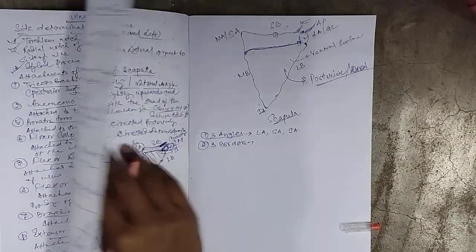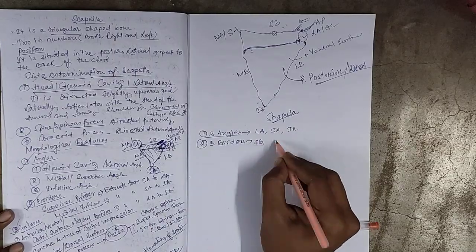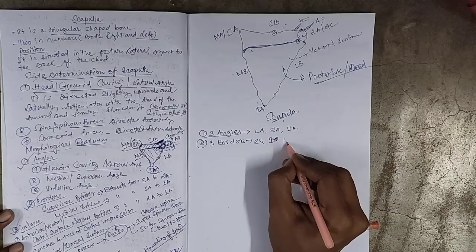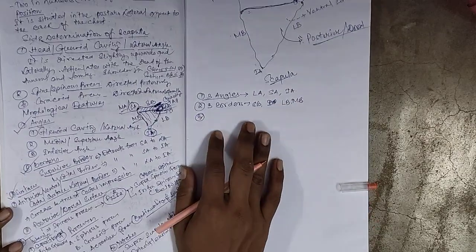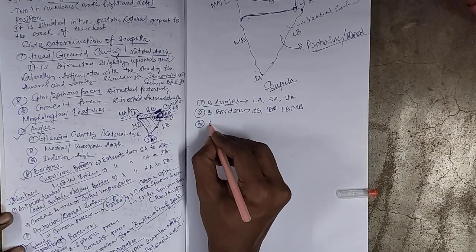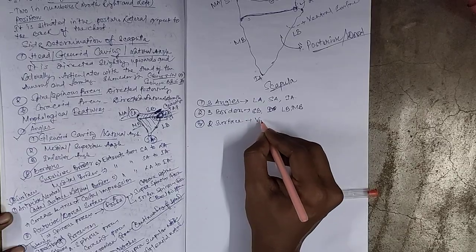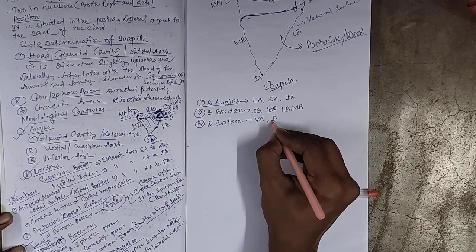One is the superior border, then the lateral border and medial border. Then we have discussed the surfaces, and there are two surfaces. One is the ventral surface or costal surface or anterior surface, and one is the dorsal surface or posterior surface.